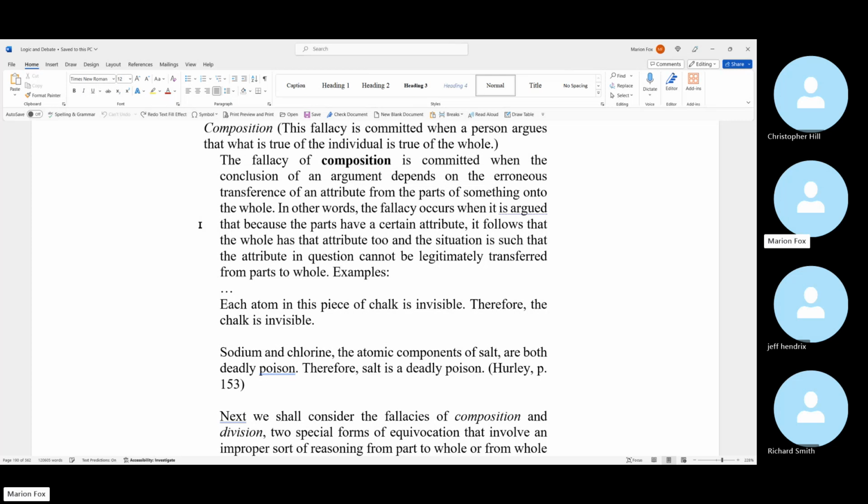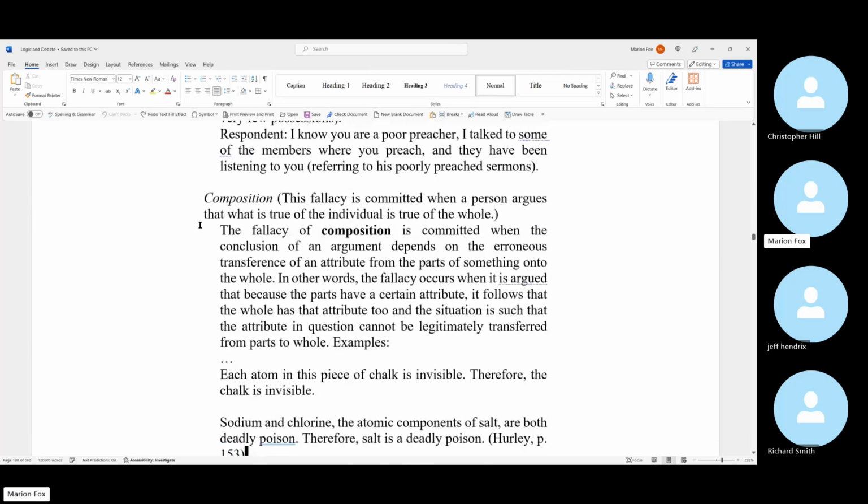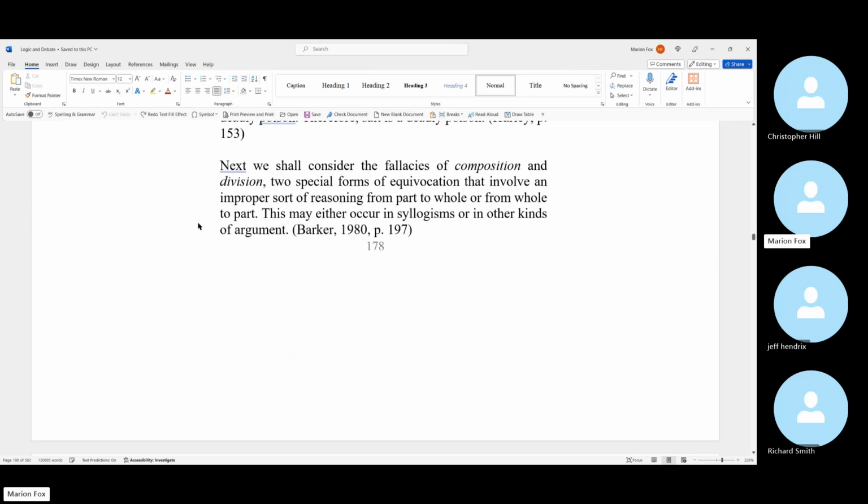And so sodium and chlorine are both deadly poisons, and that's true. And then we argue then that means that the salt is deadly poison. That's not true. So these two elements that it's made up of are deadly poison, but the salt itself is not. So again, Hurley uses another example of it. Right here we have the fallacy of composition.